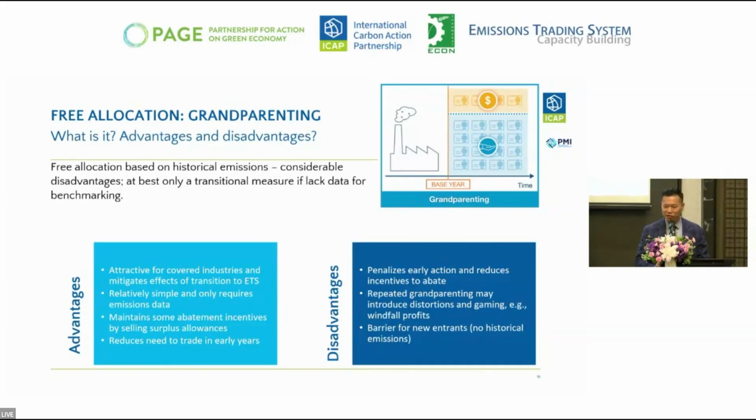Yeah, so that cannot provide enough incentives, and that will also be a barrier for new entrants. They don't have historical emissions. So that's the advantage and disadvantage of grandfathering free allocation.